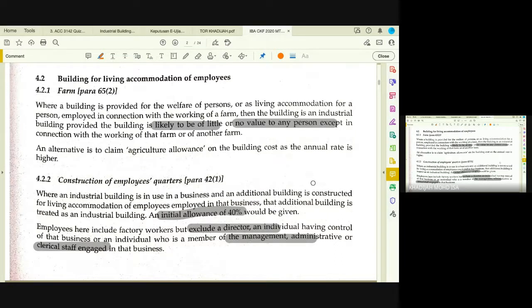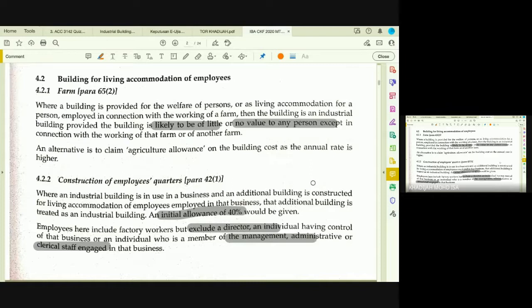And then later we also go into agriculture allowance. This is another topic. Now we are doing industrial building allowance; later we go into agriculture allowance. It means that those in the agriculture business can also claim agriculture allowance. So if that agriculture business has a building which is used for living accommodation of the employees, then the building can also be claimed under agriculture allowance.